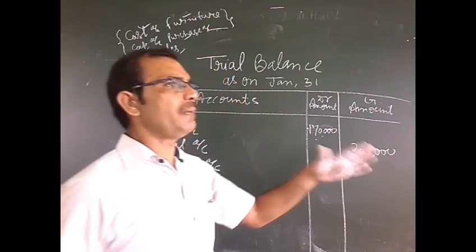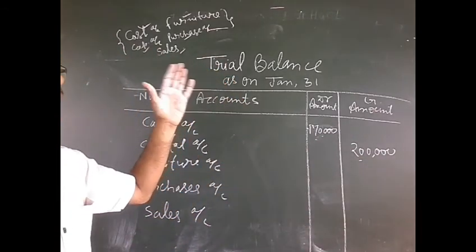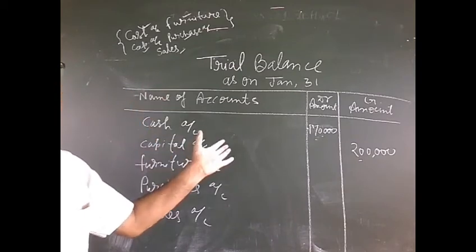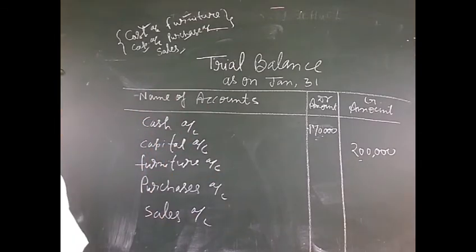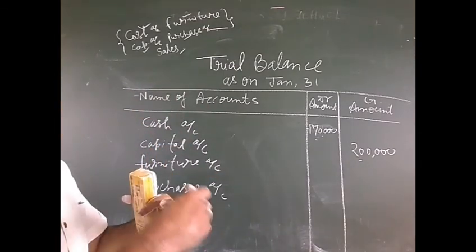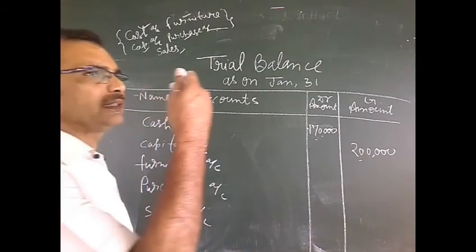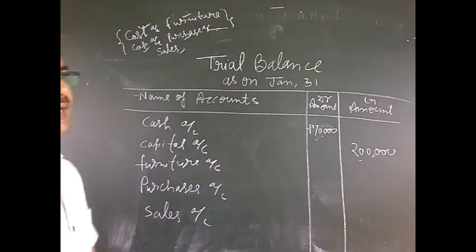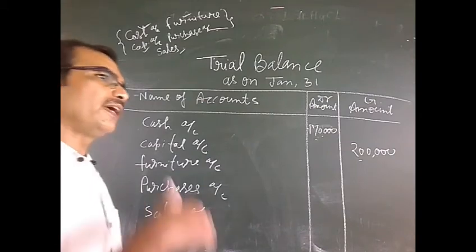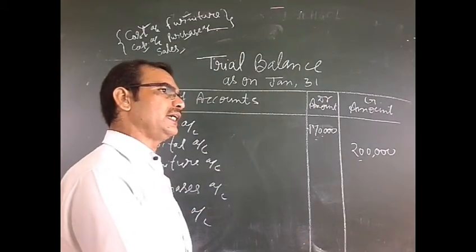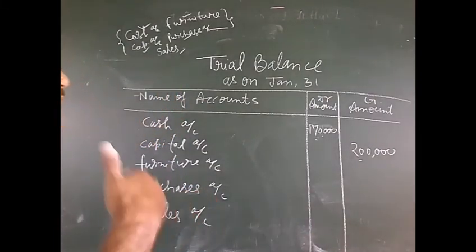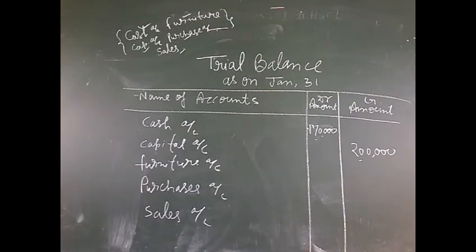If you take the base of carried down, wherever the carried down is written, you will write in trial balance the opposite side. And if you take the balance brought down, wherever the balance brought down is written, you will write in the same side in the trial balance.